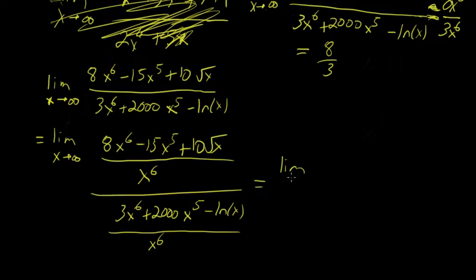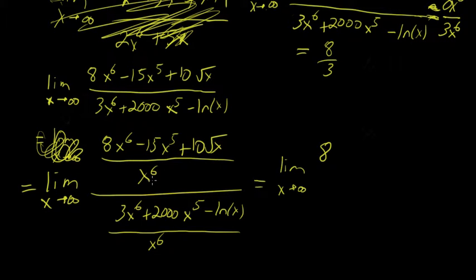And so we have the limit as x tends to infinity, and realize that this applies to both the numerator and denominator. That was kind of misleading, made it seem like it only applies to this, but this limit is of this entire complex fraction here. So we divide the numerator by x to the 6th. The first term, 8x to the 6th divided by x to the 6th becomes 8.